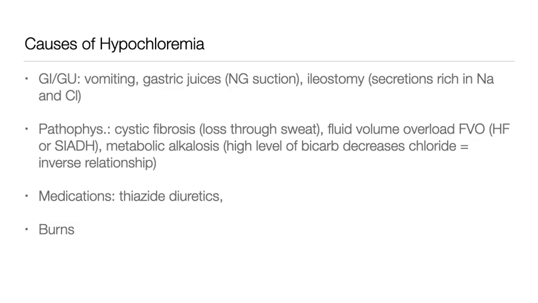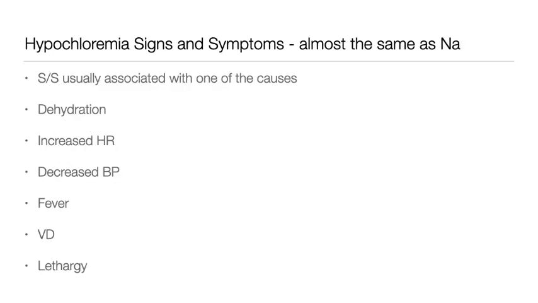If you think about alkalosis, there's less chloride, which is a negatively charged ion. It's going to cause alkalosis. Some medications that cause this are thiazide diuretics, and then again, those burns, anything losing fluid is going to cause this as well.